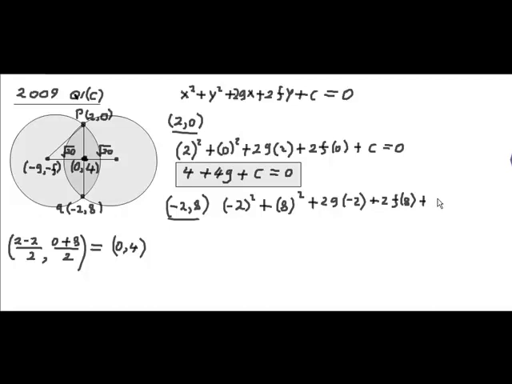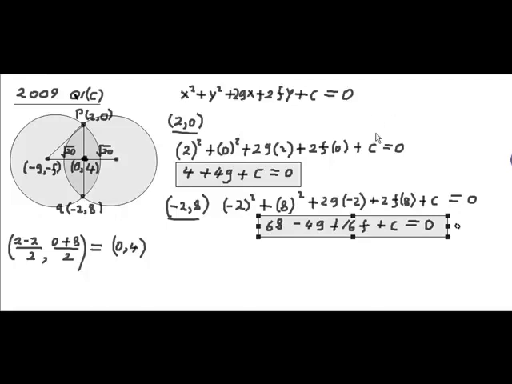And we tidy that up a little bit. Minus 2 squared is plus 4, 8 squared is 64, so 64 and 4 is 68. Minus 4g plus 16f plus c equals 0. And again, good practice, that's as far as you can go with any equation, with a box around it. Okay, so that's the second equation.